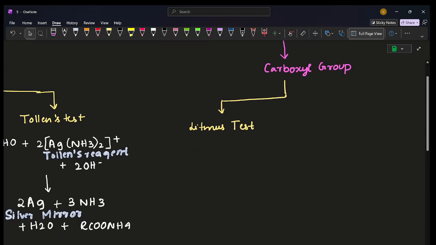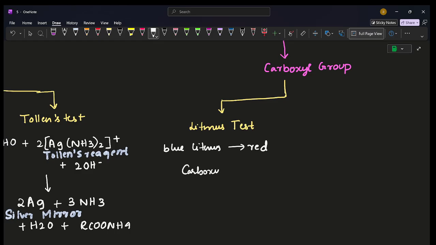It's very simple. You have blue litmus, if it turns red, that means it's a carboxylic acid. So who gives it is carboxylic group and even phenolic group.